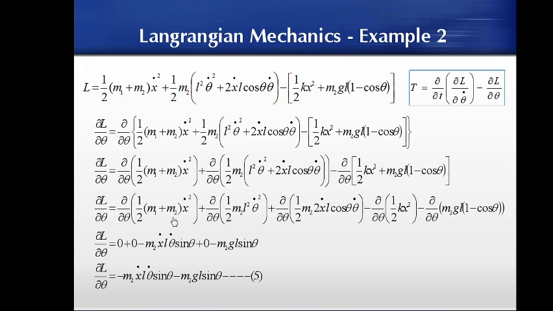Now you can see the first term doesn't have any terms with respect to theta, so it is equal to 0. The second term also doesn't have any term with respect to theta, it is only having theta dot, so that is also equal to 0. The third term has a term with respect to theta, so I need to differentiate. So this 2 and this 2 get cancelled, so I'll be getting m2 ẋ L times ∂/∂θ of cos theta, which is minus sin theta, so minus sin theta into theta dot.